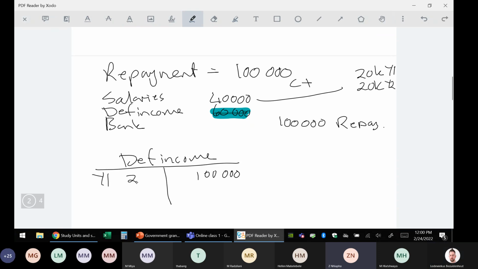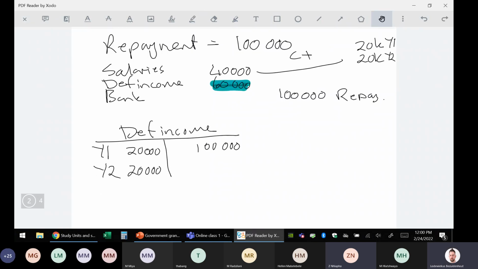Year 1, we showed 20,000. Year 2 was 20,000. And then we have a balance of the 60,000. So the 60,000 now will go to bank and our account will be 0.